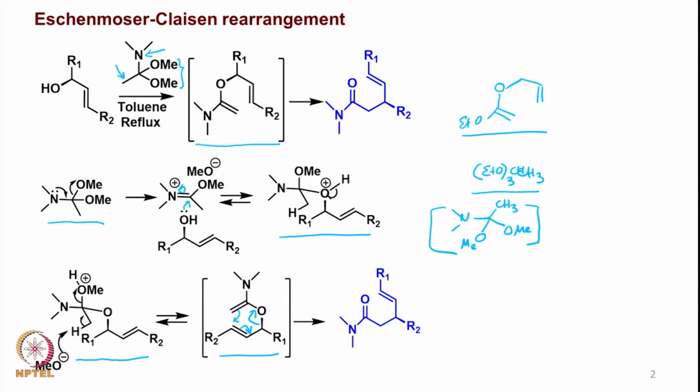Now we can see that you have alpha, beta, gamma and delta, but it is a gamma, delta unsaturated amide, a tertiary amide.